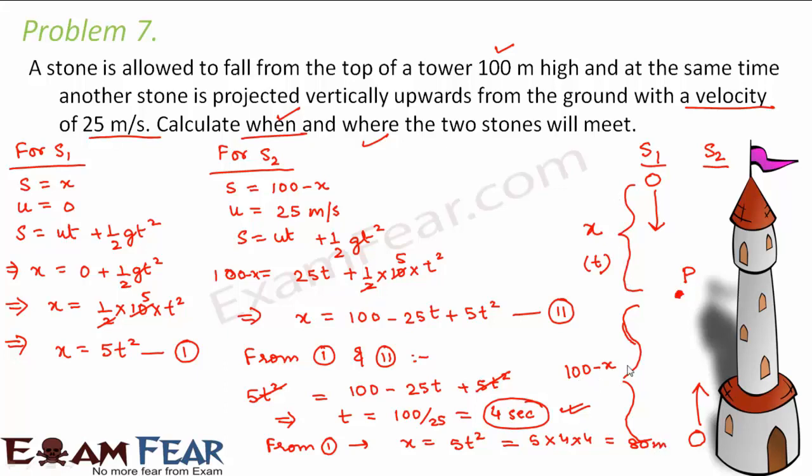So what would be 100 minus x? 100 minus x will be equal to 100 minus 80, that is equal to 20 meters. So the two stones will meet at a distance of 20 meters from the ground after 4 seconds.